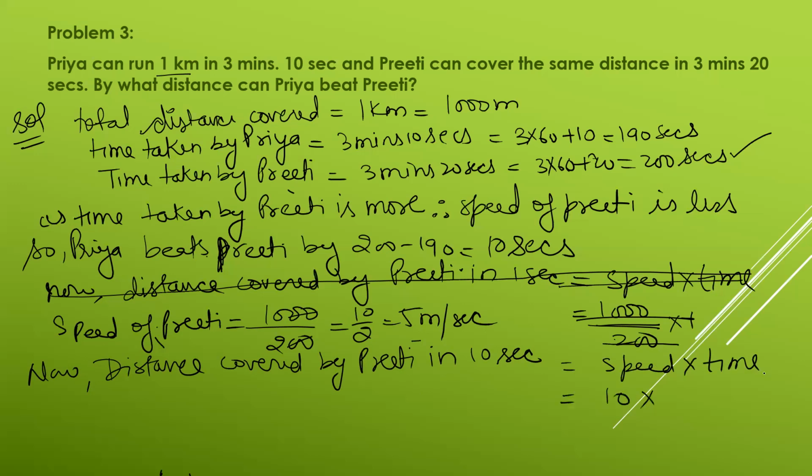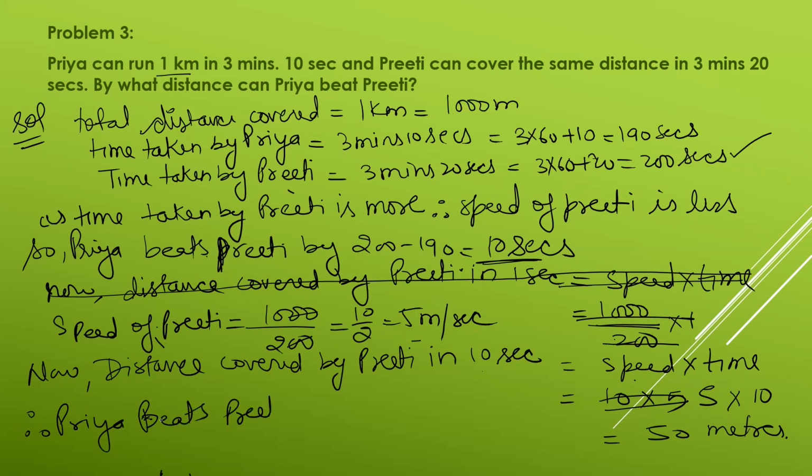We'll get 10 into 5, or you can write 5 meter per second into 10, 10 is the time. So this is going to be 50 meters. So that means Priya beats Preeti by 50 meters. So this is the solution.